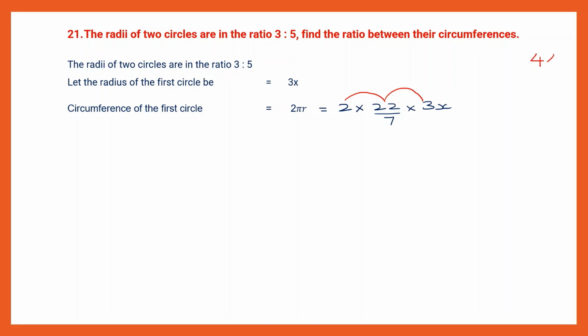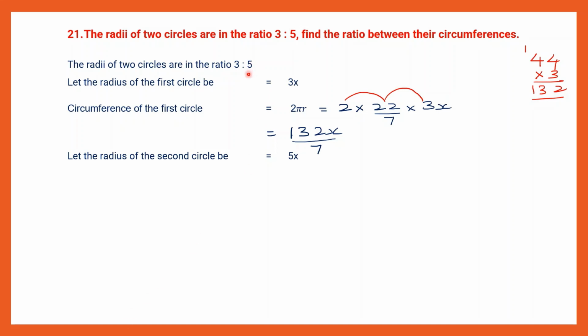So let's multiply 44 into 3. So 3 fours are 12, carry 1. 3 fours are 12 plus 1, 13. So that's 132. So that is 132x by 7. This is the circumference of the first circle. Now, let the radius of the second circle be 5x.